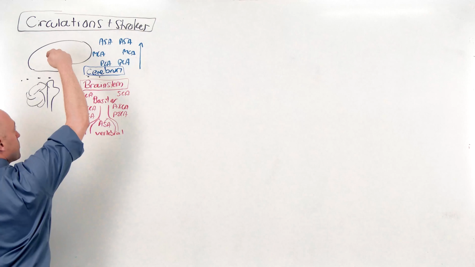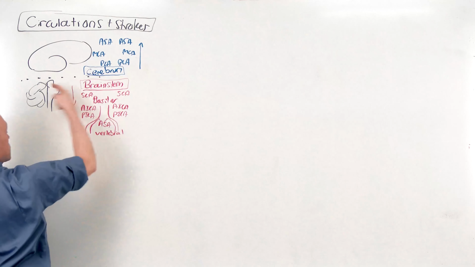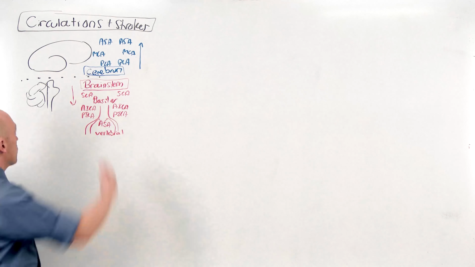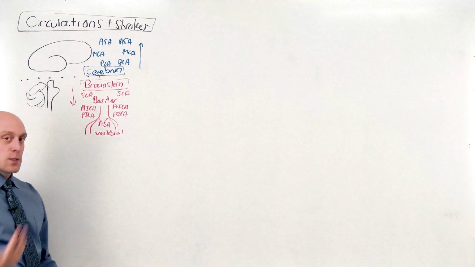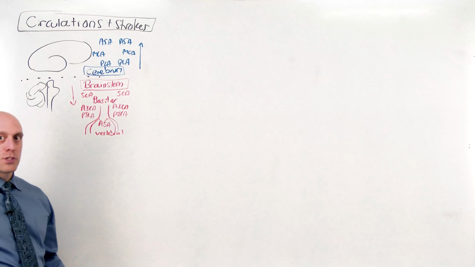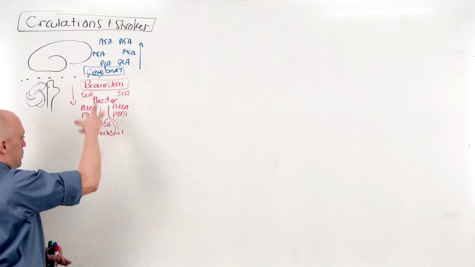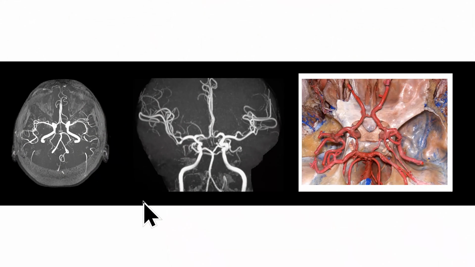They may, through the structures that connect them, the deep nuclei and the top of brainstem, but for all intents and purposes, as we unfold stroke syndromes, you're going to see cerebral strokes and brainstem strokes.